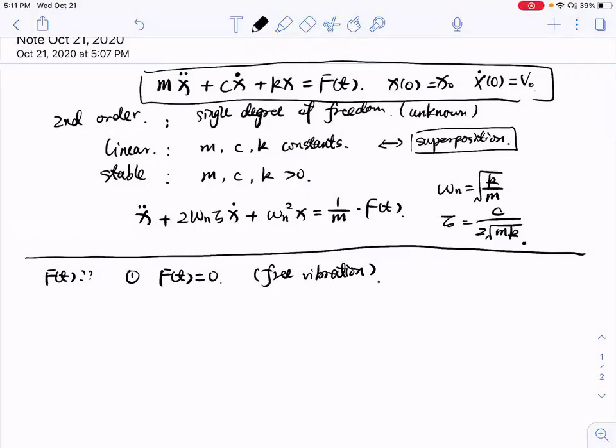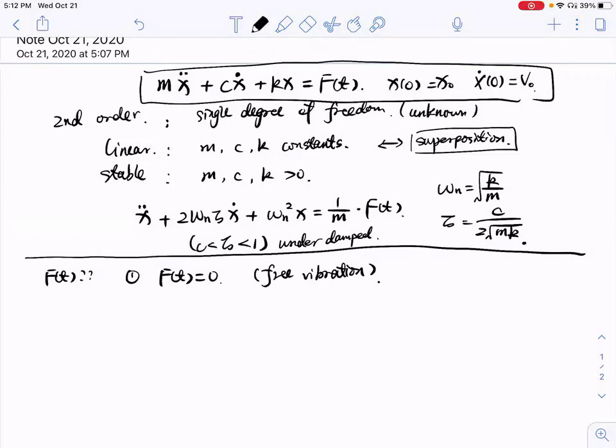Oh, one thing I forgot to mention is, in this class, we mainly target zeta greater than 0, smaller than 1, the underdamped condition. I'm not saying that all the methods we learn only apply to this condition. It's just we use this special case to simplify our discussion.